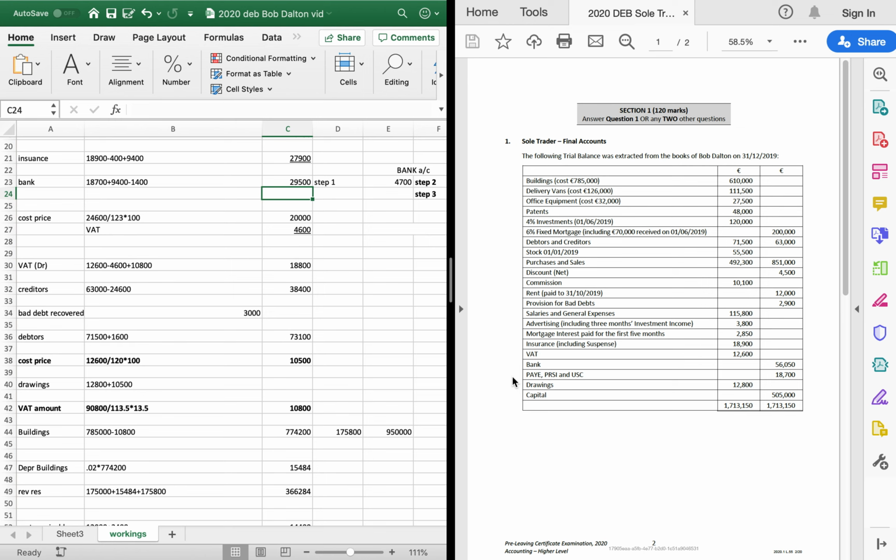So just be careful. So bank was 56,050 to start off with. Sorry, I took the wrong number. So therefore 66,850. All right, we'll put that in.